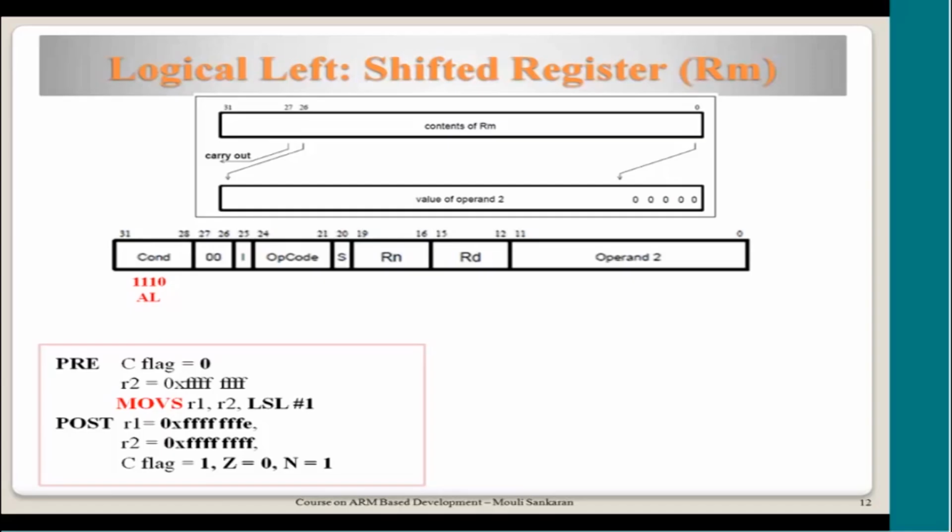So the conditional part of that instruction will be 1110, which is meant for always, because it is going to be executed irrespective of whatever may be the status of the conditional flags. Now because it is a move instruction, it's a data processing instruction, so this will be 0. Now see here between it is changing.